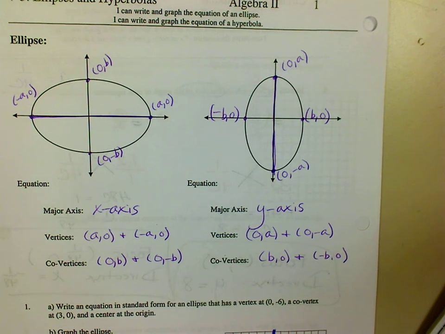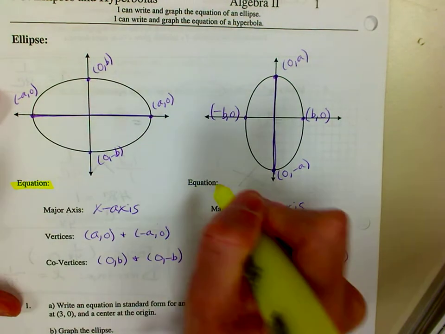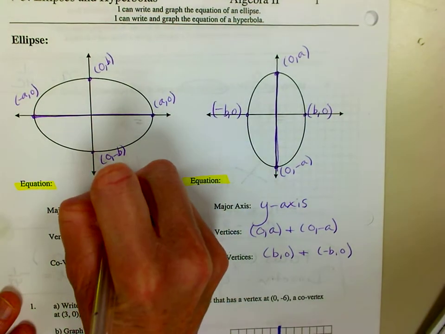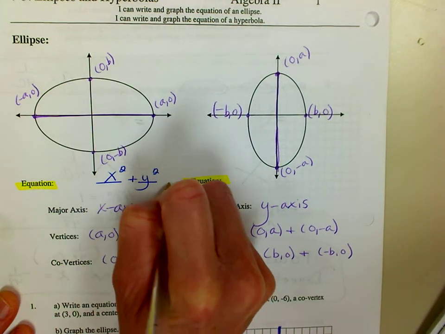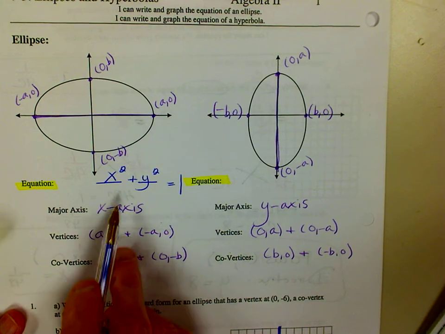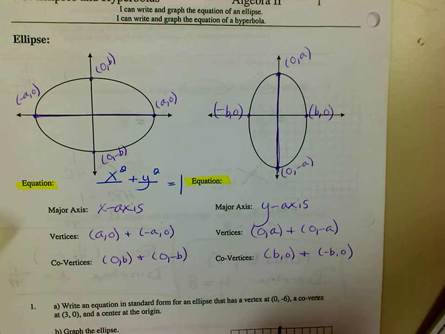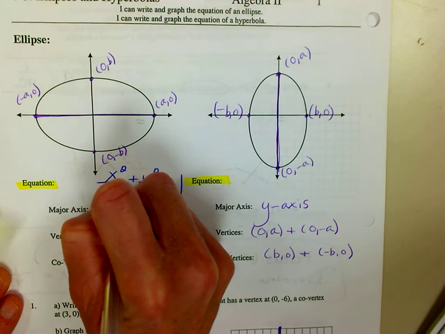Okay, let's do the formulas, or the equations. So the equations for both are going to be similar. I'm going to have x squared over something plus y squared over something equals 1. Whichever one is the major axis, that's where a squared goes.